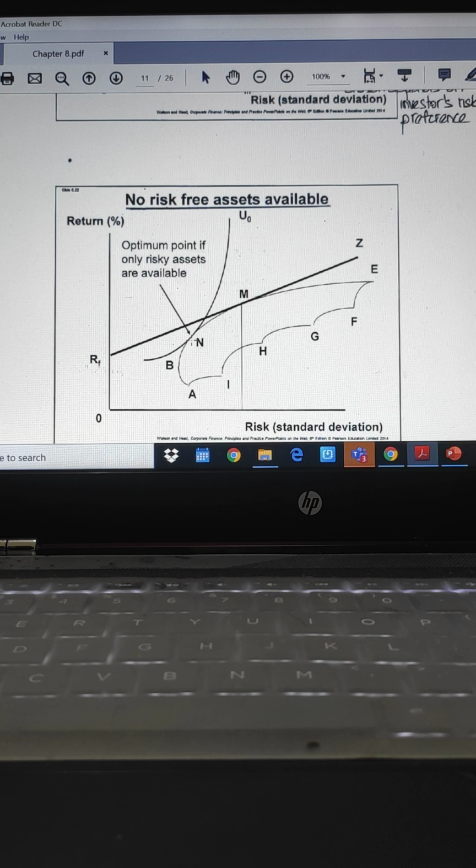But if risk-free assets are available, I would rather not be at point M, but higher at point M, where my cursor is, because I get a better return for the same level of risk.